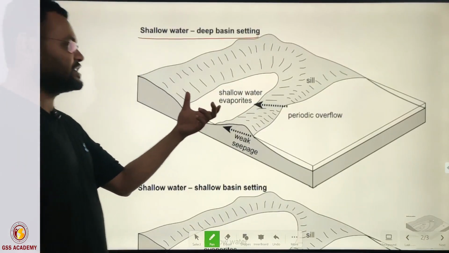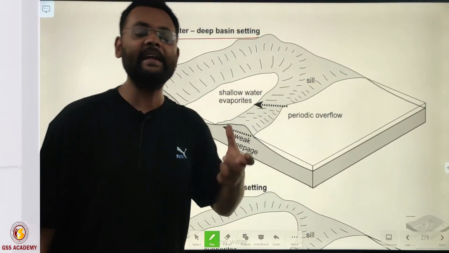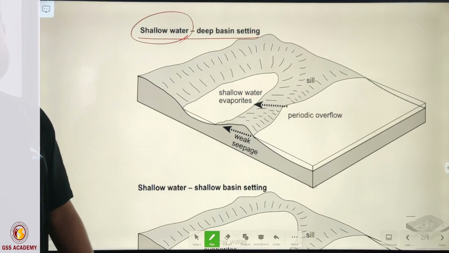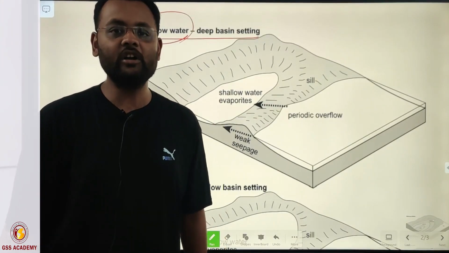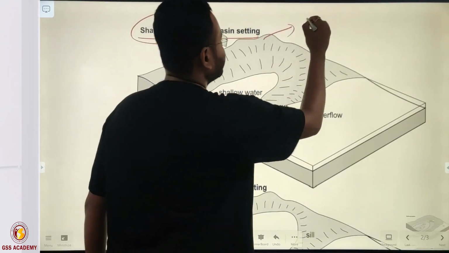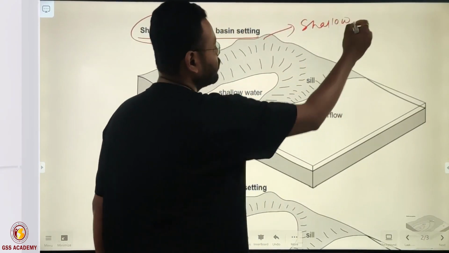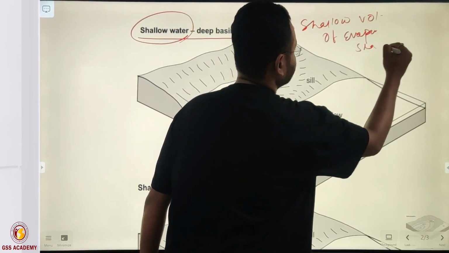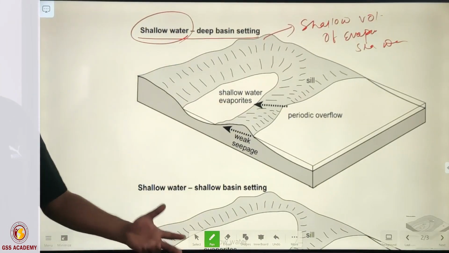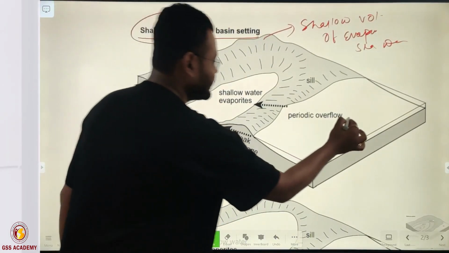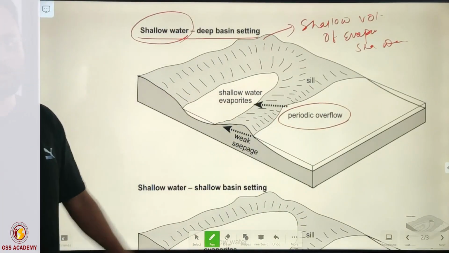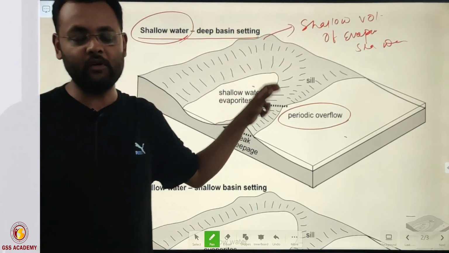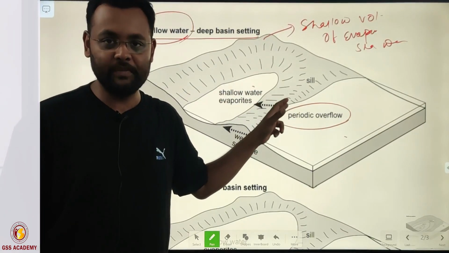Now in this particular condition, the basin is deep but it contains relatively very less amount of water, therefore the water is always shallow in nature. It contains a low volume of evaporating seawater, but by means of the periodic overflow from the open ocean to this basin, after some time a very thick layer of evaporites normally results.